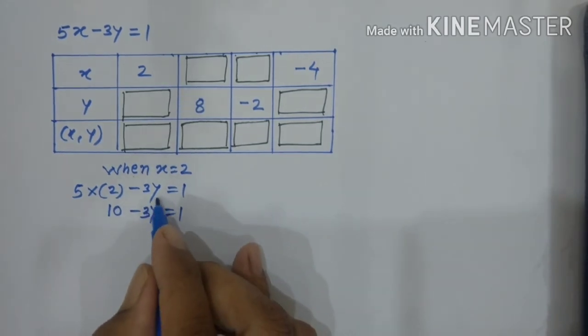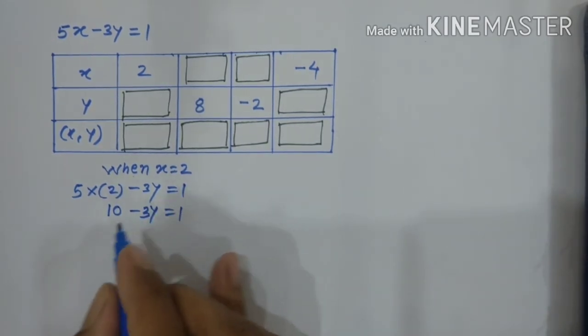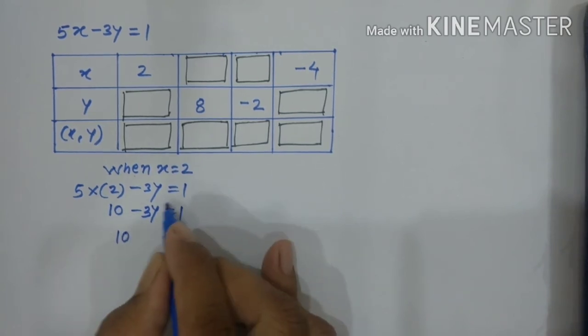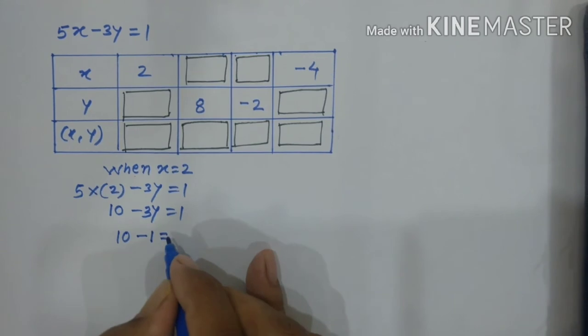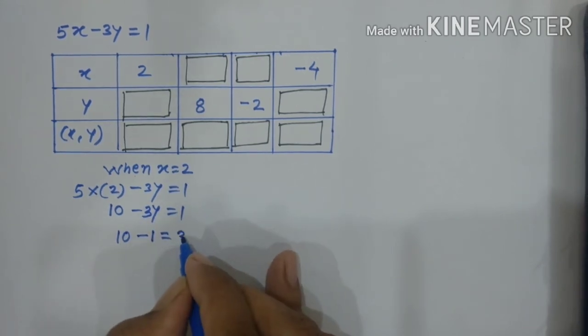Now transpose 3y to the right side and 1 to the left side. Therefore the equation becomes 10, after transposing 1 to the left side, 1 can be written as minus 1, and minus 3y can be written as plus 3y.